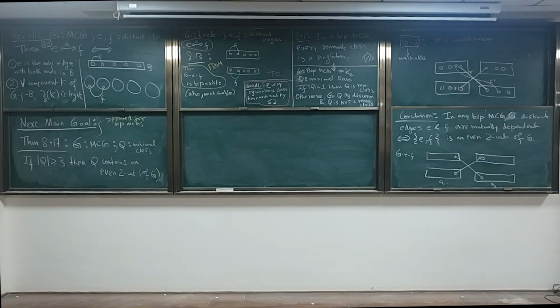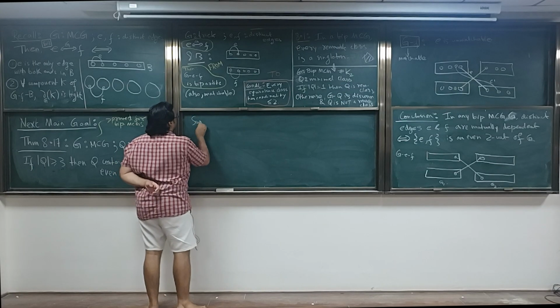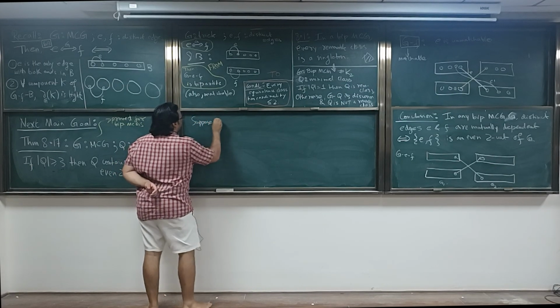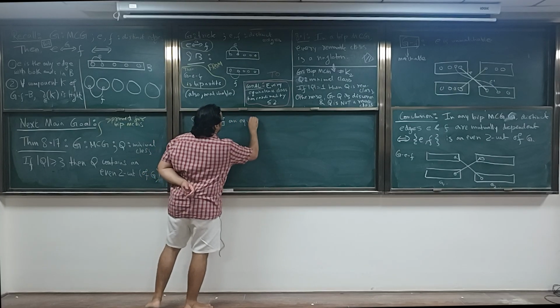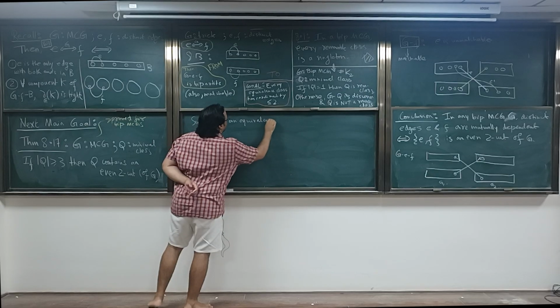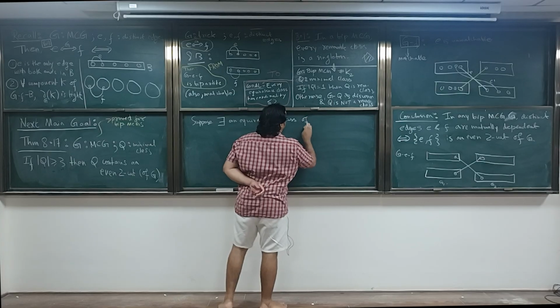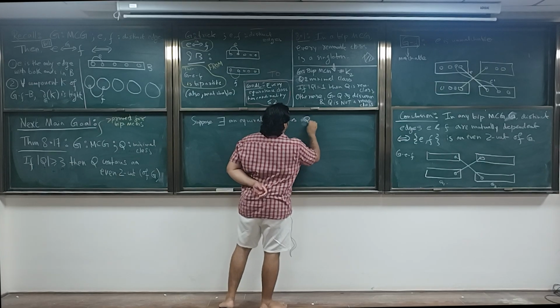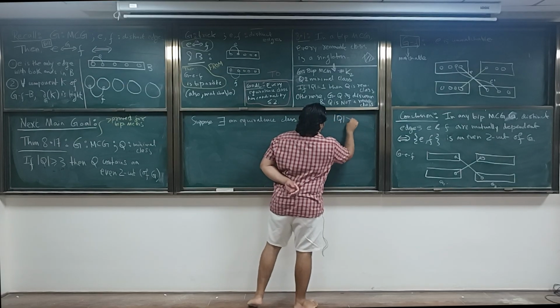Suppose you have an equivalence class of cardinality 3 or more. So G is still a brick. Suppose there exists an equivalence class, of cardinality, let's say Q, such that Q has at least 3 edges.